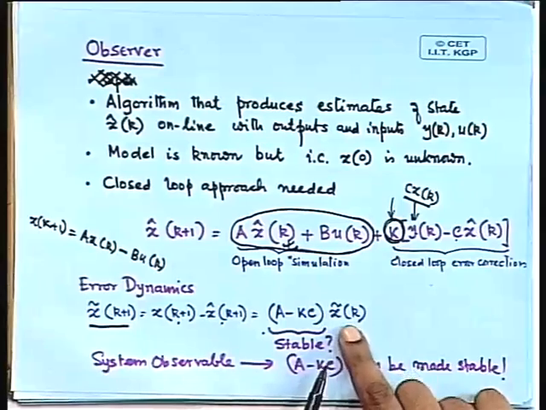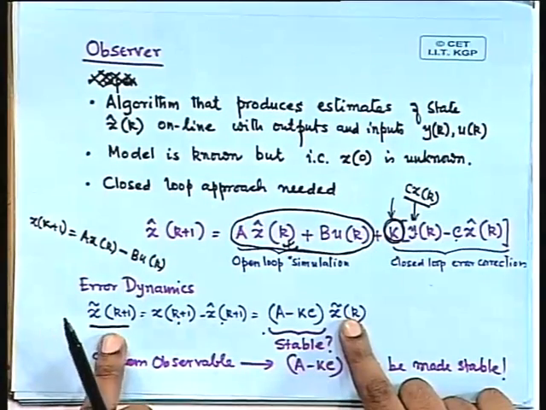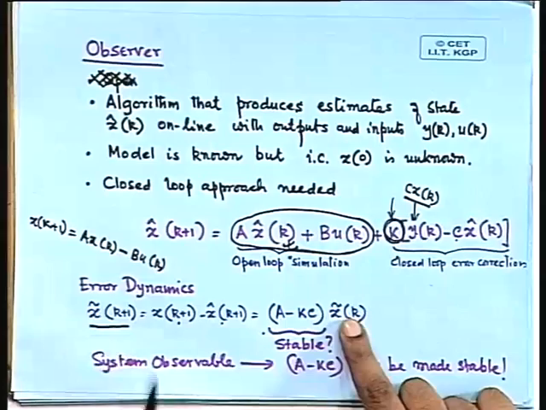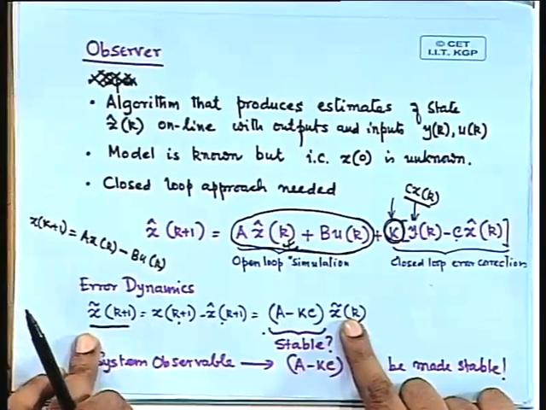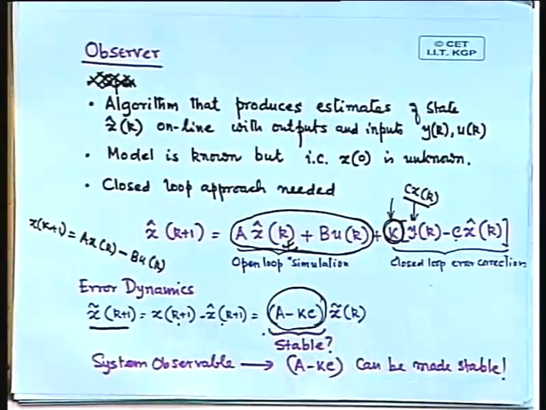So now the question is, this was your error of estimation in the kth step, and this is the error in the k plus 1th step. So it shows the one step evolution of the error. Now why should this error die? This error will die if this matrix is stable, in the sense that it has eigenvalues inside the unit circle, then it will contract, correct.